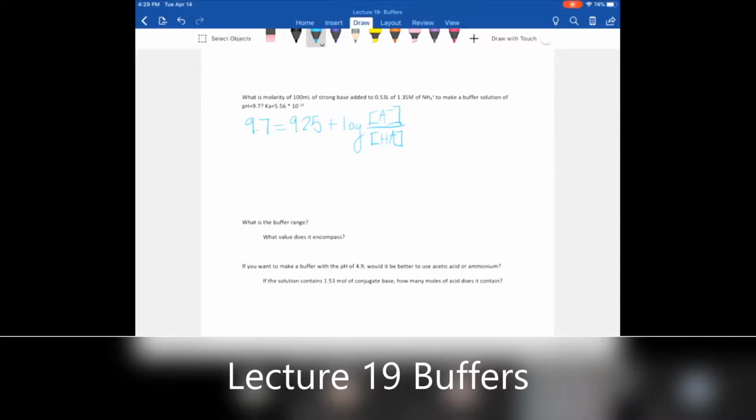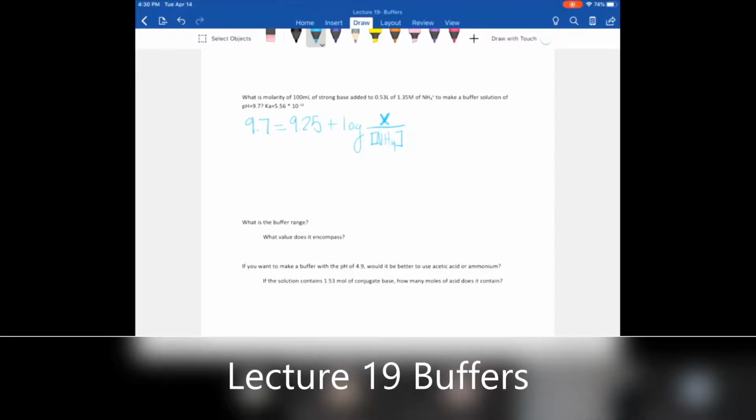No, it does not. It's less. So how do we account for this? Let's say we rewrite HA. Instead of writing HA, we write NH4, and let's change A minus to X. So how are we able to get rid of this change?